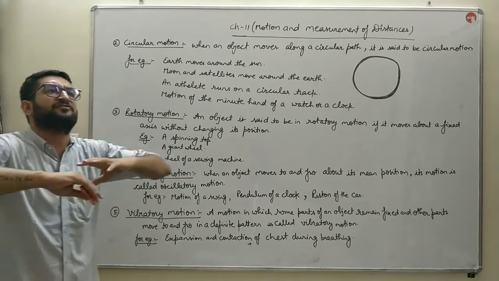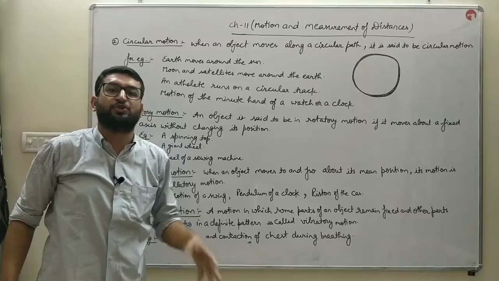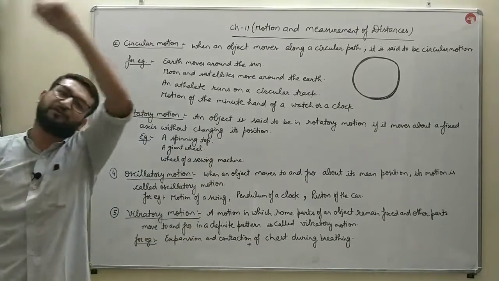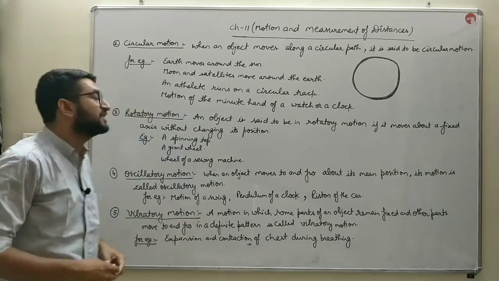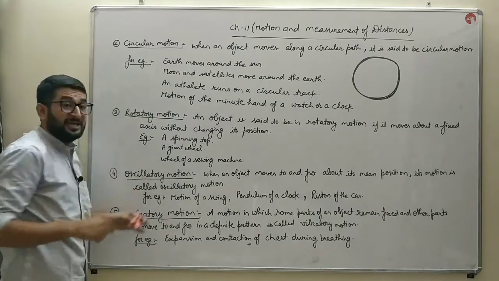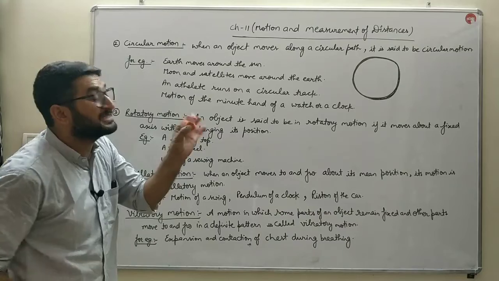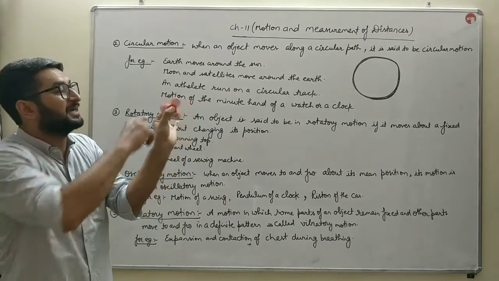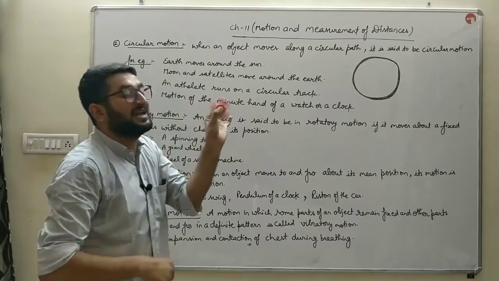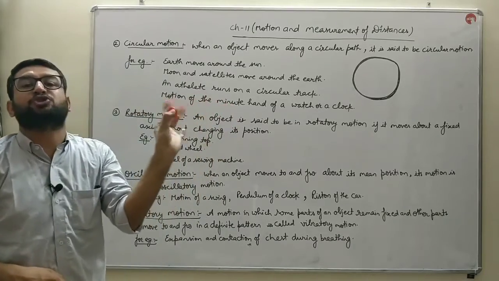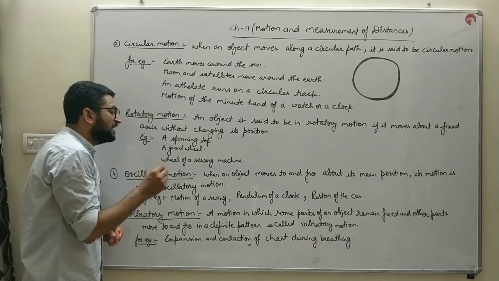You must have observed in a fair a giant wheel on which you sit and it takes you for certain spins. That giant wheel moves in a rotatory motion. The center axis remains the same and the other parts move around this central axis. This type of motion is known as rotatory motion.